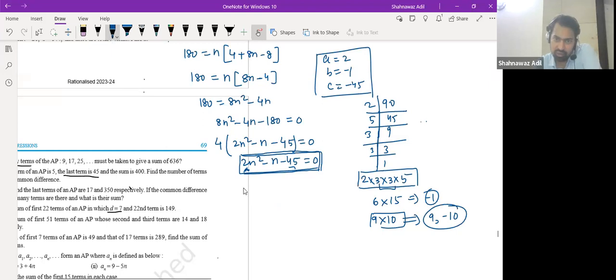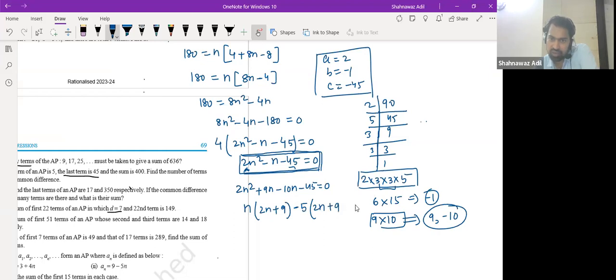So this would be 2n square plus 9n minus 10n minus 45 equal to 0. So n is common: n into 2n plus 9, and minus 5 is common, so minus 5 into 2n plus 9 equal to 0.